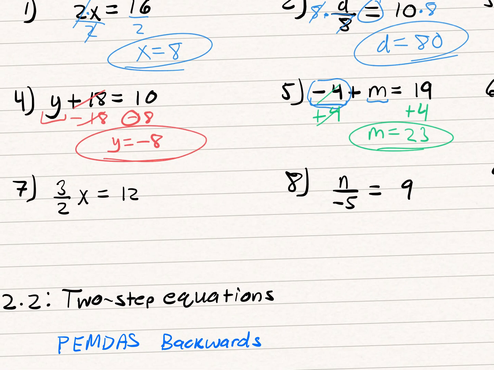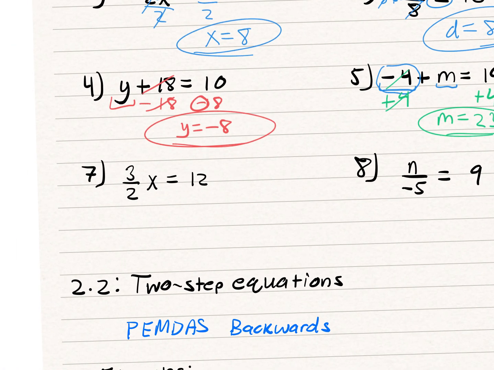All right. And then this one right here was a little bit tricky for some of you. If I have 3/2 times x, remember, if there's no operation, it's a times, multiplying, equals 12, we want to somehow get rid of this fraction because the x is the variable that we want to isolate.